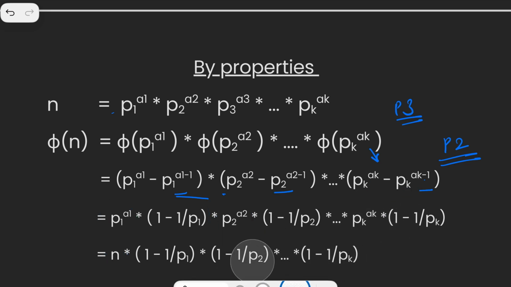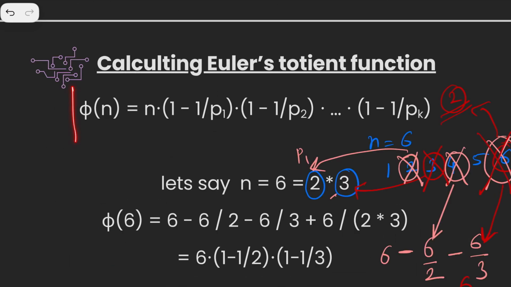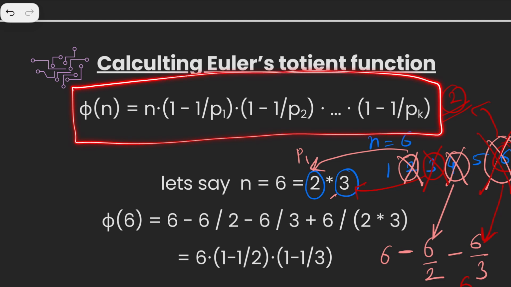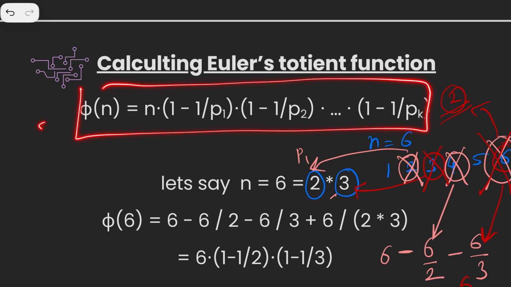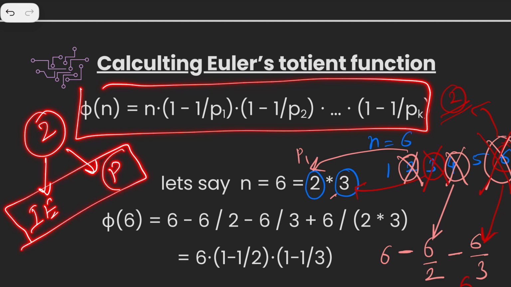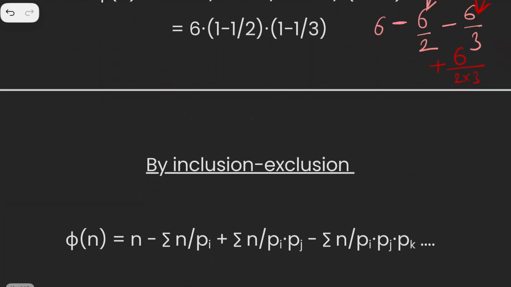So by using properties, this proof is very simple. So this is our main formula for computing Euler's Totient function, and we have managed to prove this particular formula in two different ways. One is inclusion exclusion, other is using properties. Proof by property is very simple. Inclusion exclusion, you need to have some basic understanding of algebra.